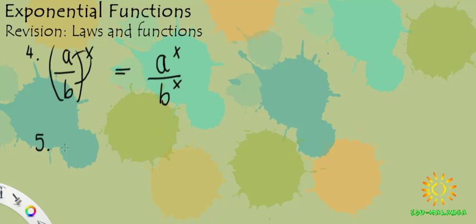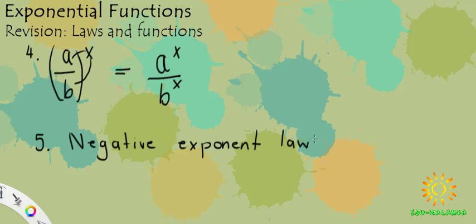The 5th law is the negative exponent law. So you have a negative exponent now, and what happens when you have that? When you have a negative exponent, so you have a to the power of minus x, what happens to the term is that it becomes 1 over a to the power of x.